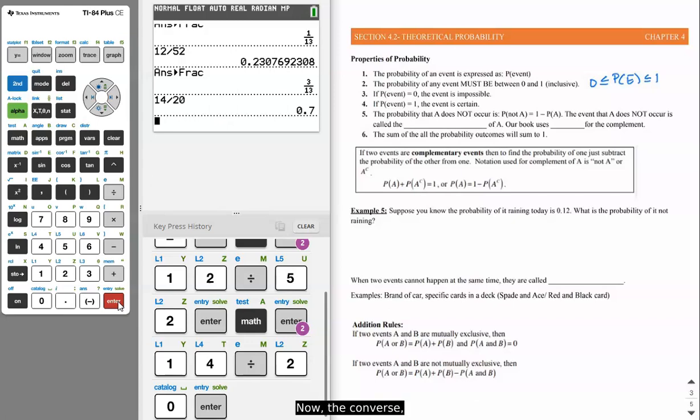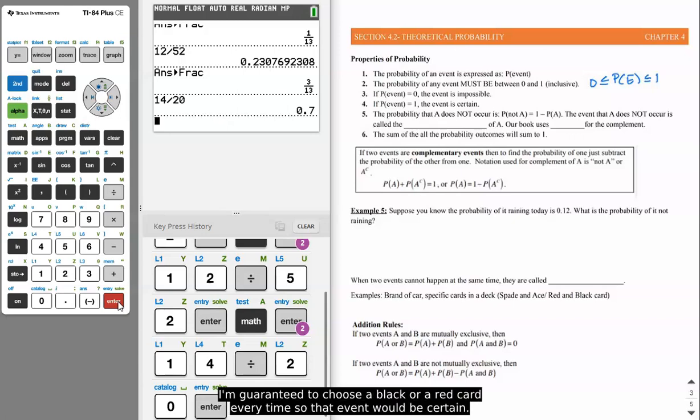Now, the converse, the fourth says, if the probability of the event is equal to 1, the event is certain. Maybe find the probability of drawing a red or a black card from a standard deck of cards. Since black and red cards are my only option, I'm guaranteed to choose a black or a red card every time. So that event would be certain.